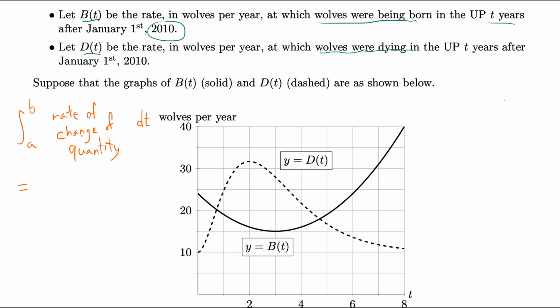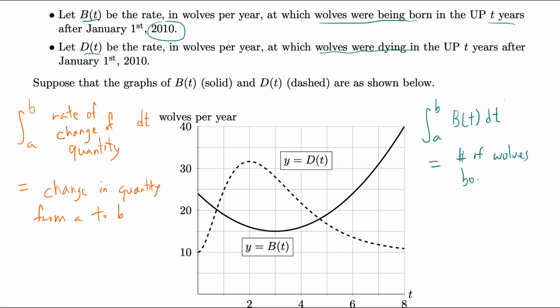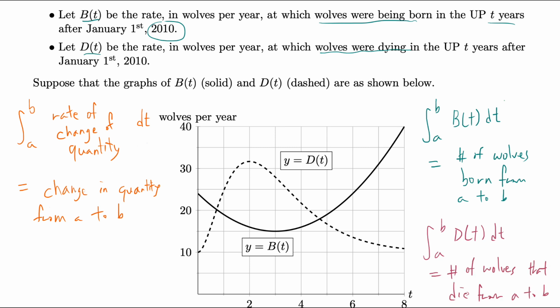So when I integrate the rate of change of a quantity, we exactly get the change in that quantity from a to b. For example, when I integrate from a to b, b of t dt, since b of t is the rate at which the wolves are being born, we get the number of wolves born from a to b. And if we integrate from a to b, d of t dt, then similarly we get the number of wolves that die from a to b. And there's something even more that we can say.